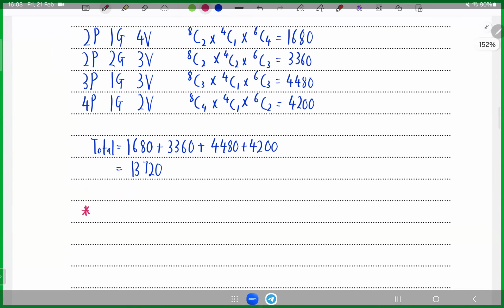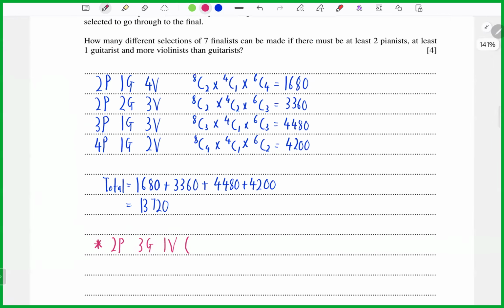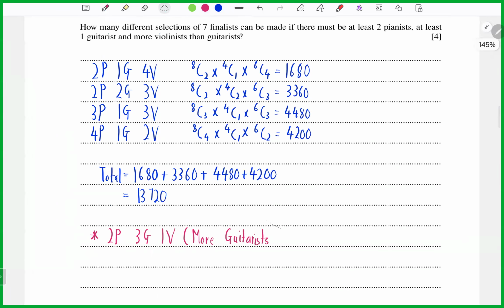I need to list out which combinations cannot be used. Let's say here is two pianists, 3G 1V cannot be used. Why? Because there are more guitarists than violinists.